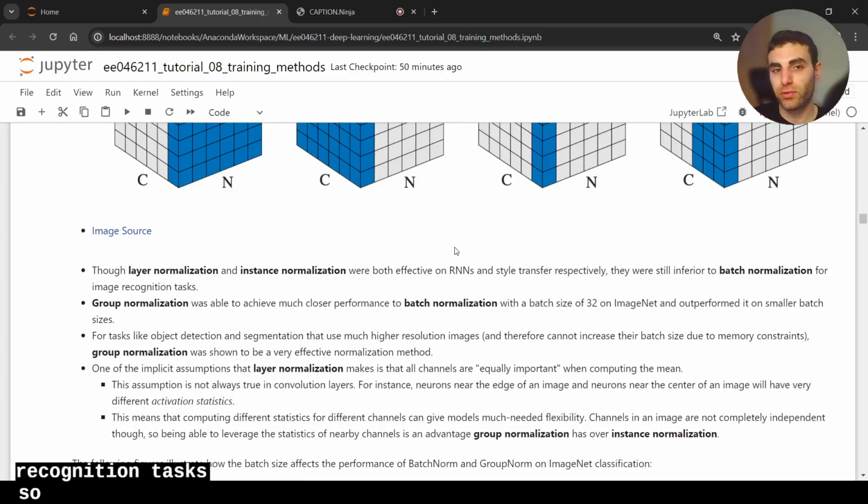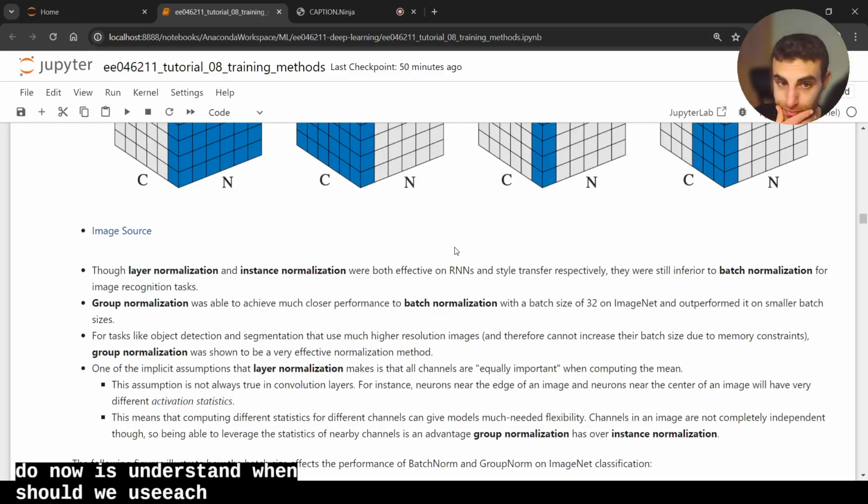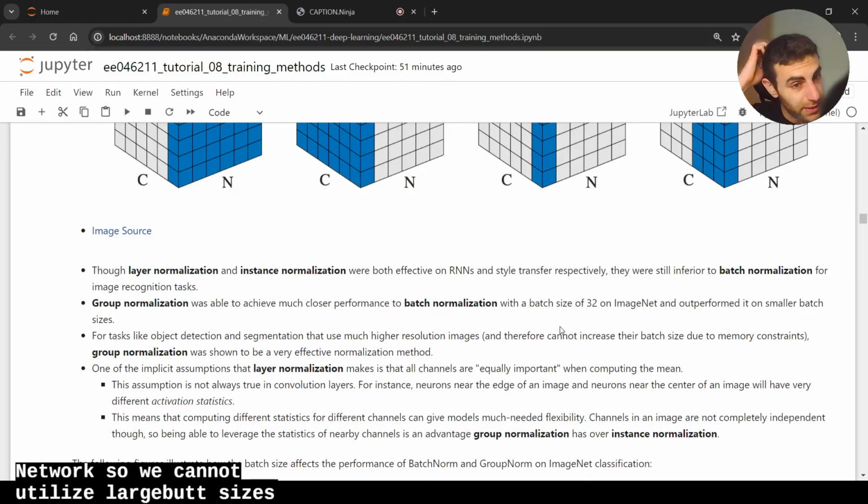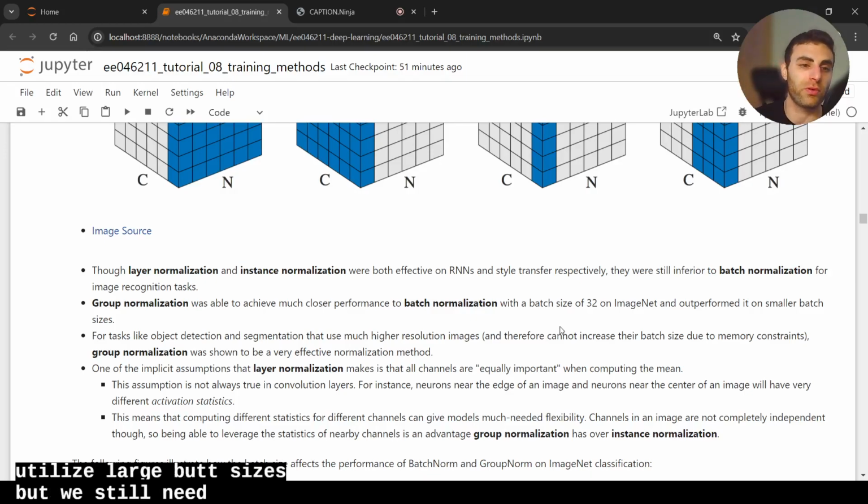So what we're going to do now is understand when we should use each normalization. Group norm was able to achieve much closer performance to batch norm with a batch size of 32 on ImageNet and outperform it on smaller batch sizes. Group normalization is very attractive because today we have very large networks, so we cannot utilize large batch sizes, but we still want to normalize the activations.